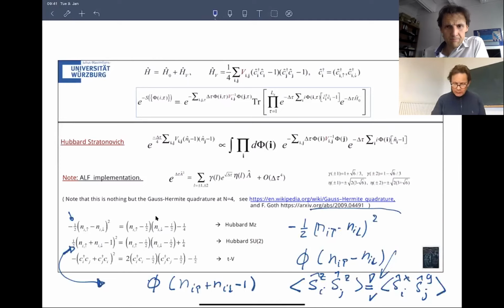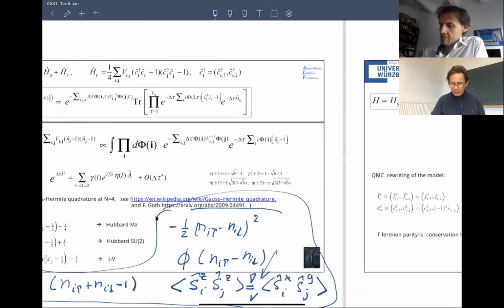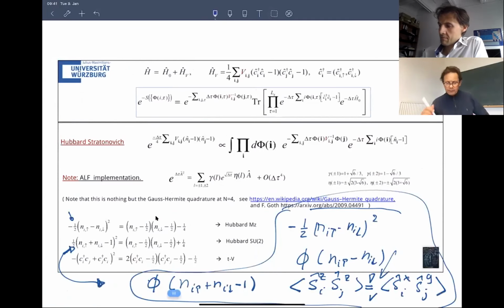About problems which have actual bosons, not rotors, real bosons which can take any occupation from 0 to infinity: they're generally very hard. At least they seem a bit hard in normal Monte Carlo, like SSE, I thought.